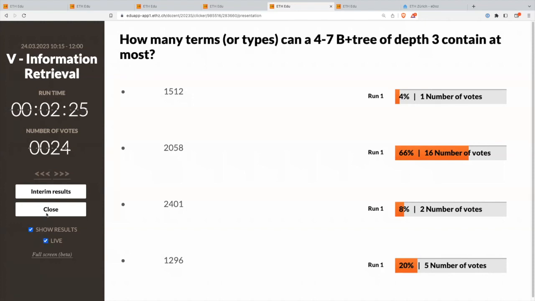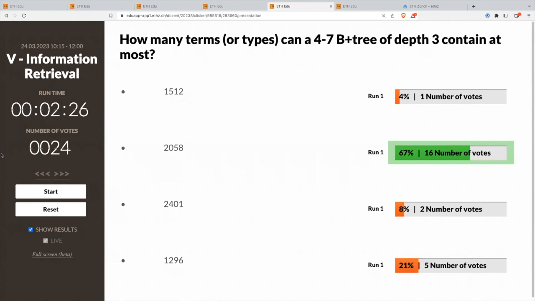And the correct answer is 2058. You are correct. Can anybody tell us? ChatGPT says 6. Okay, interesting.